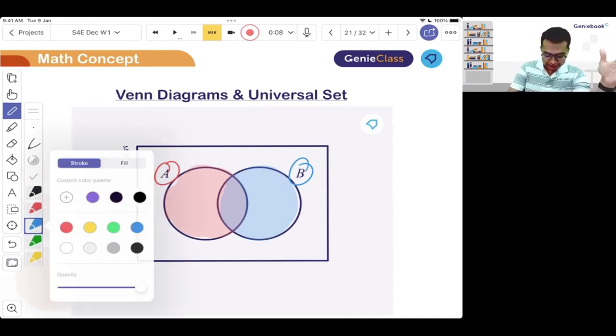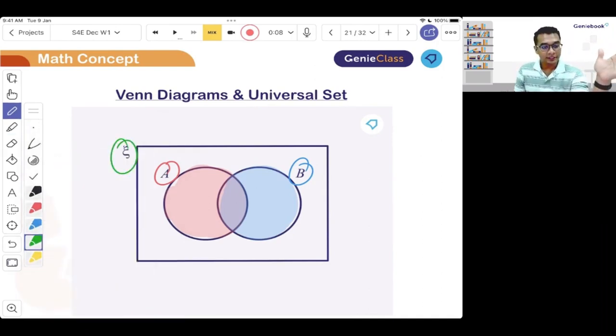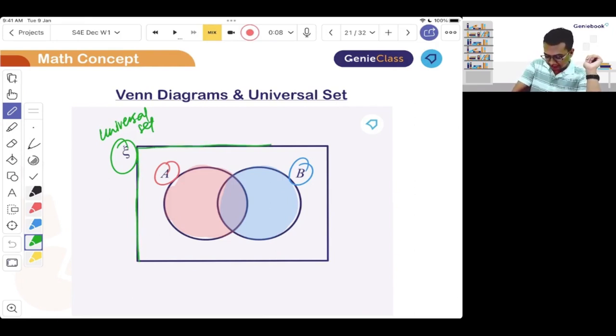Then what about this peculiar symbol that we see here? It's a Greek symbol. I've actually forgotten the word for it. I think it's epsilon, if I remember correctly. Epsilon. But you don't need to know that. It basically represents the universal set. So the universal set is actually the whole rectangle.